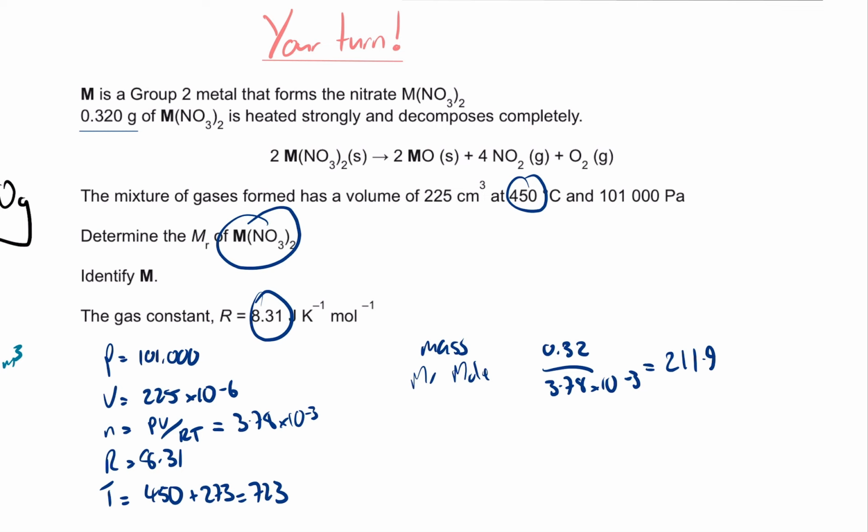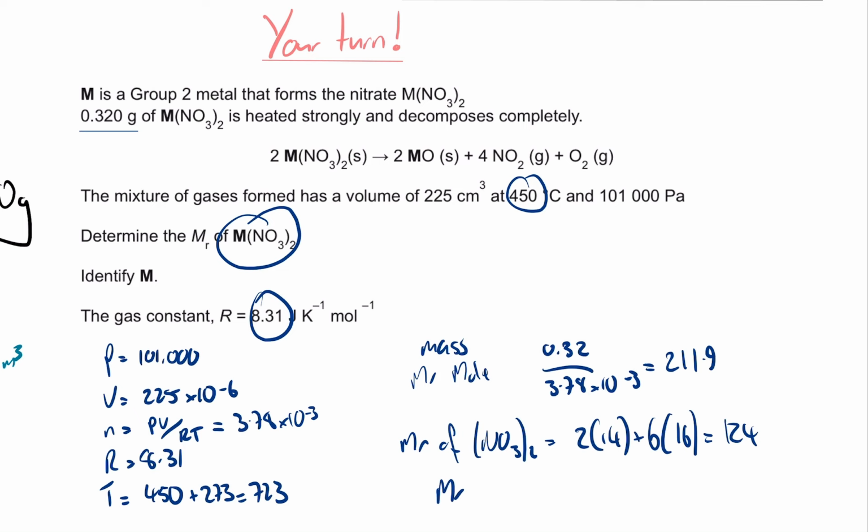Now we need to work out the identity of M. So for that, we need to work out the Mr of N2O6. So there we've got 2 lots of 14 plus 6 lots of 16. That gets us to 124.